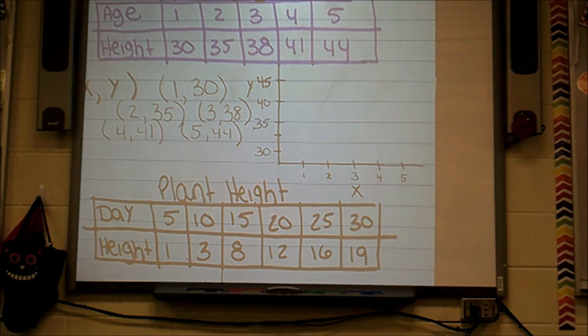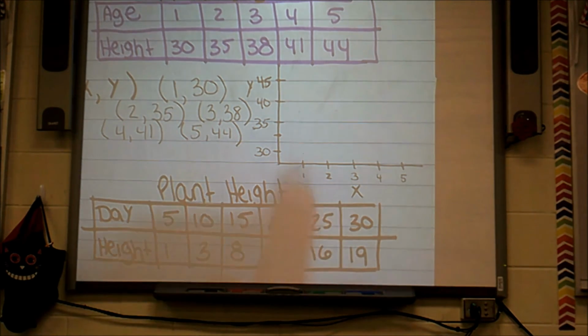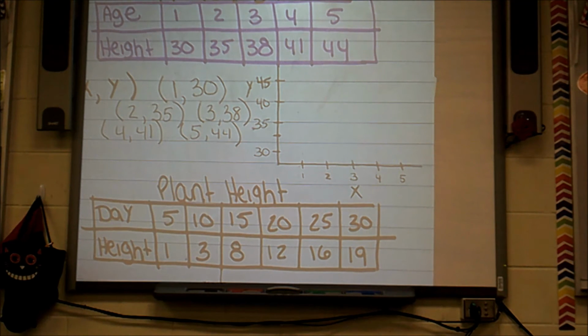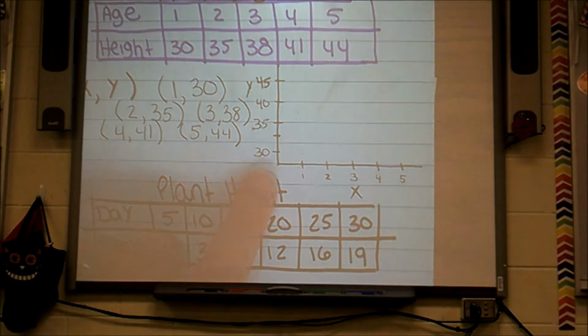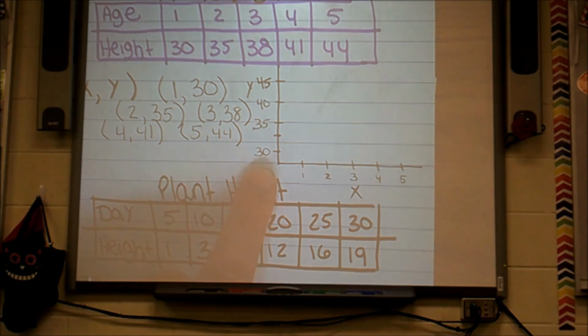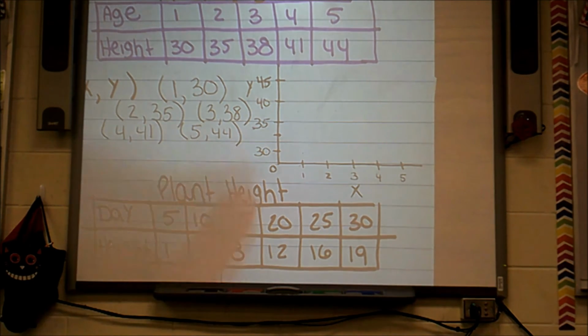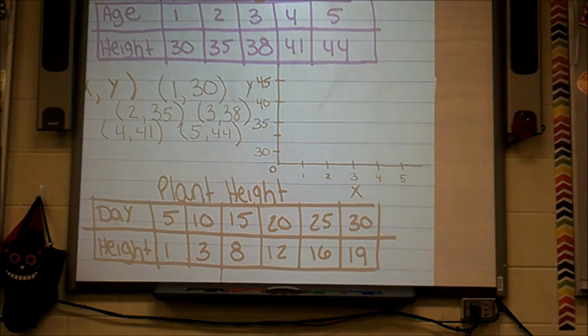Now you can see on my coordinate grid, it's not the same as yesterday. I don't go counting by ones here and counting by ones here. Because of the way the data is set up, I actually started at 30. I still have my 0, 0 here, but my 30 is my first tick mark.